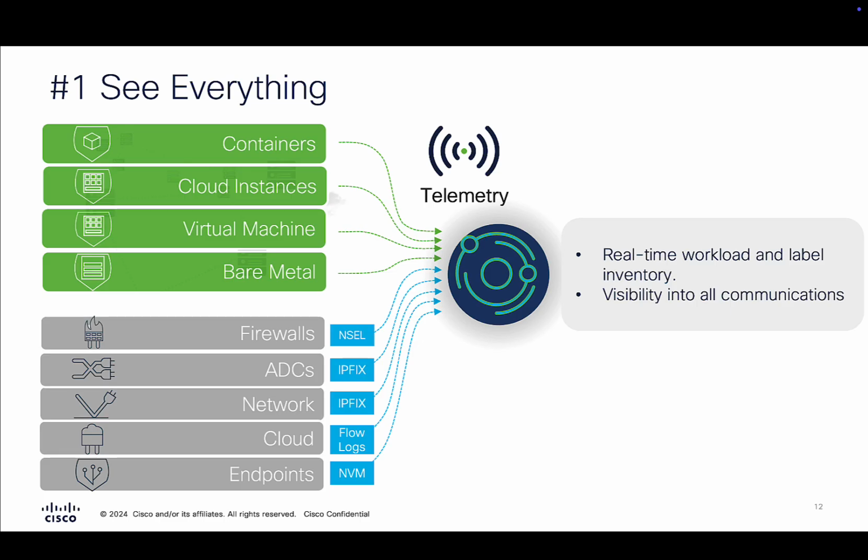Number one, asset inventory. You need to know what are all the applications that you're trying to secure, and how are they changing over time. So real-time workload and asset inventory, right? The second aspect is how are these application components talking to each other. So a visibility into that, right?